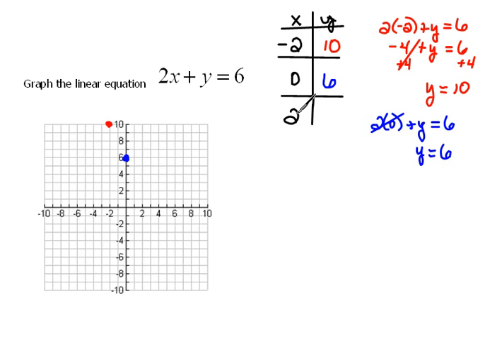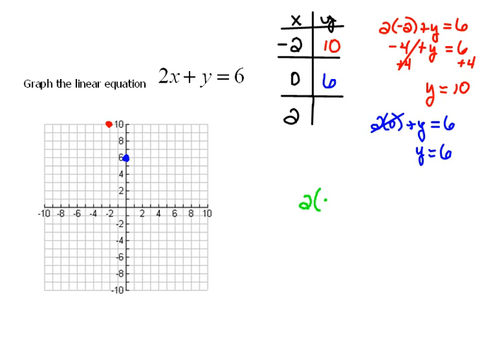And then finally, we're going to do this last one, where we have an x value of 2. I've already done the negative 2. Sorry about that.